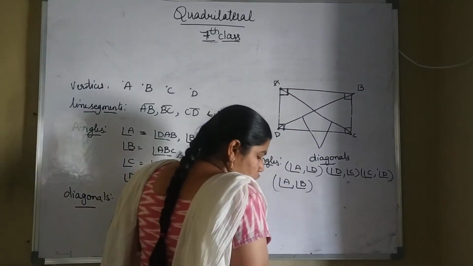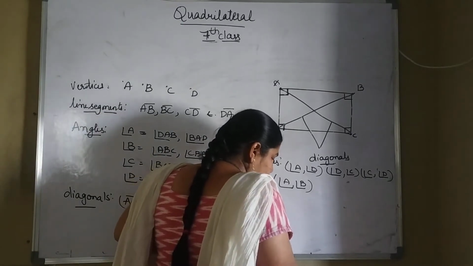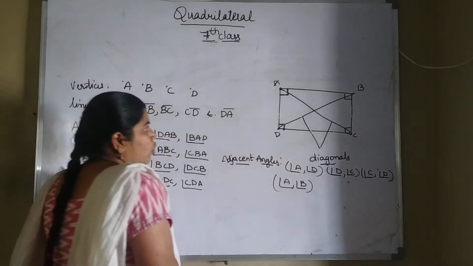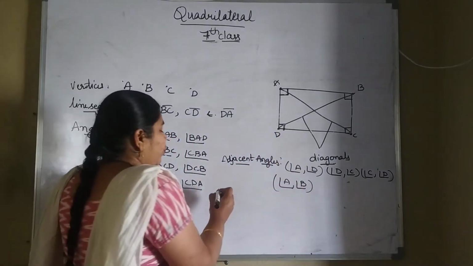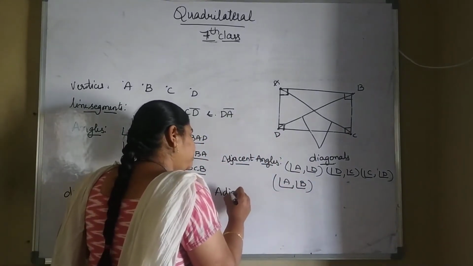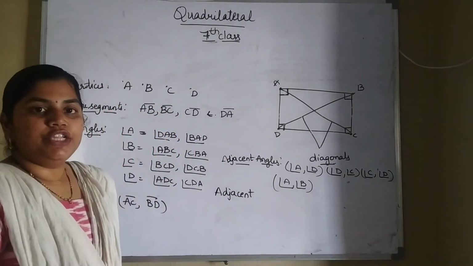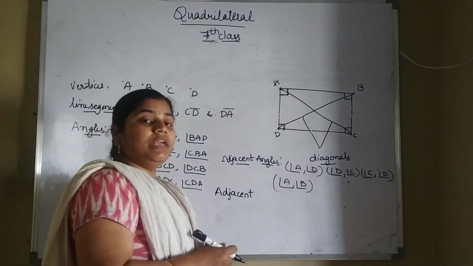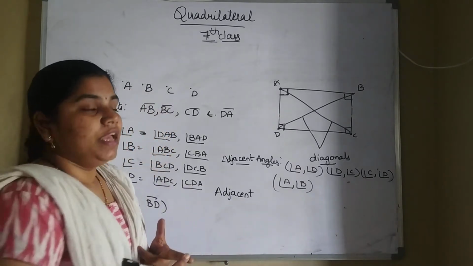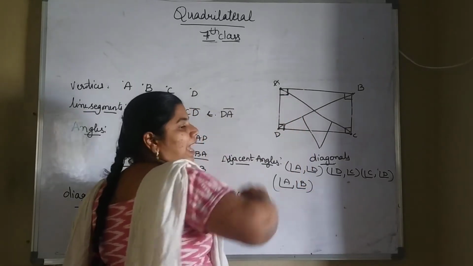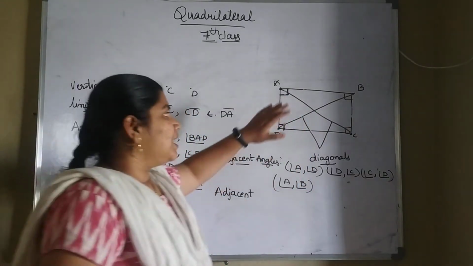Okay, next we are talking about adjacent sides. What are adjacent sides here? If any two sides have only one common angle, we will call them adjacent sides.